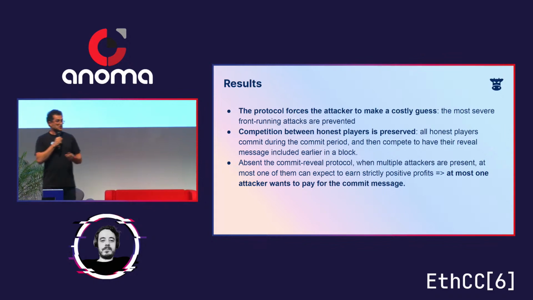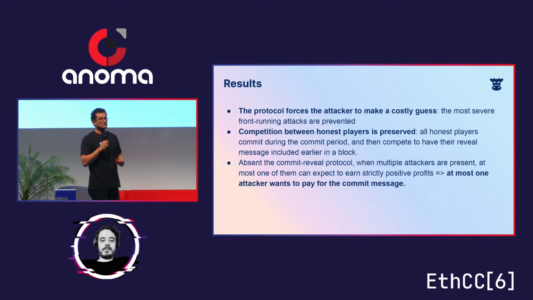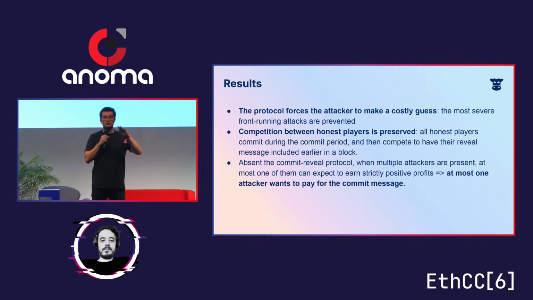And the third point, which is the least intuitive. Now there is this very famous result in game theory, especially contest theory, which is called full dissipation of rent. Essentially, it says that when there are multiple competitors competing for the same prize, and they are heterogeneous, at most one of those competitors, which is the strongest ex ante, can expect to earn positive profits once in the competition.